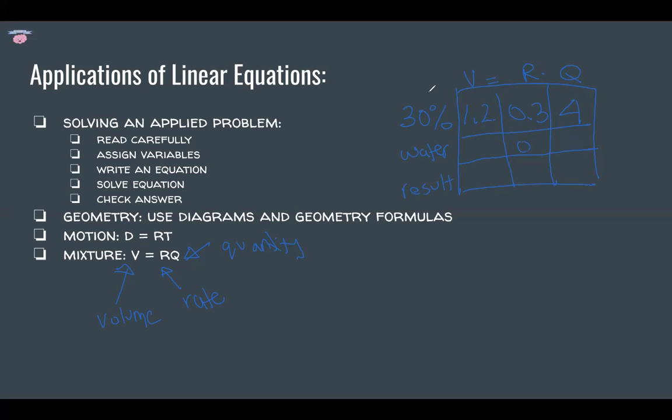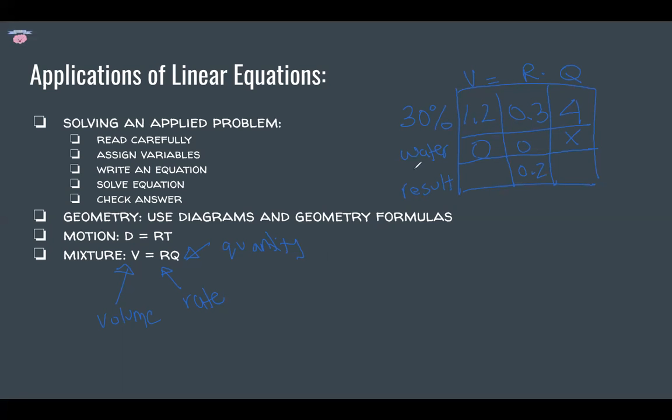So since it's 30% acid, we're talking about how much acid it has. Quantity is X. It's asking how much water would we need to create a 20% acid solution. So that's our rate of the total. Volume of this would be 0. Notice that our quantity and volume are different. So quantity is the total amount, and volume is how much acid we have in that.